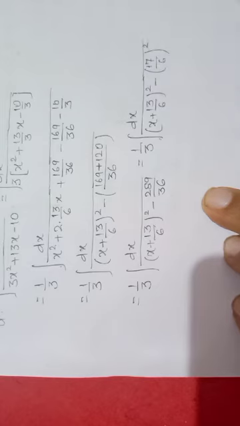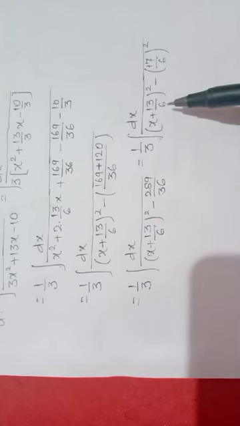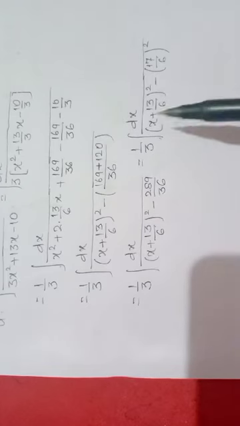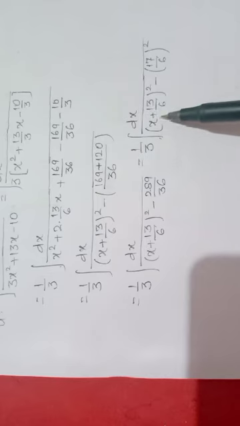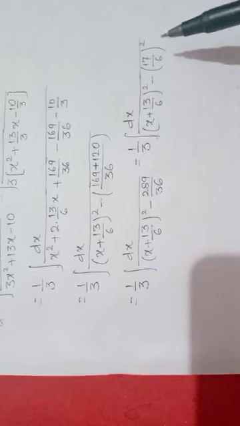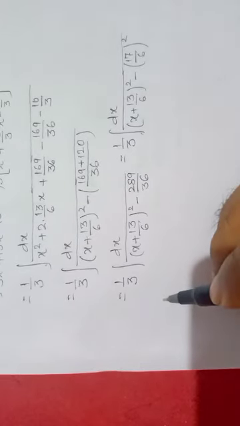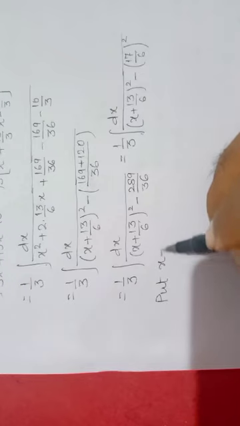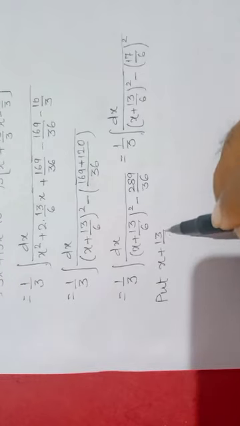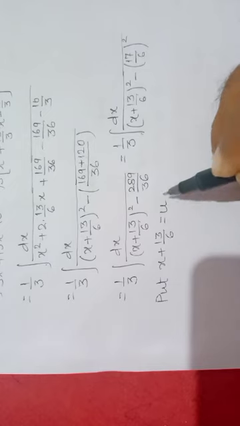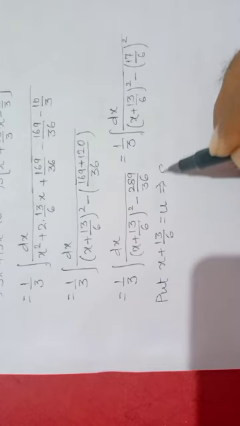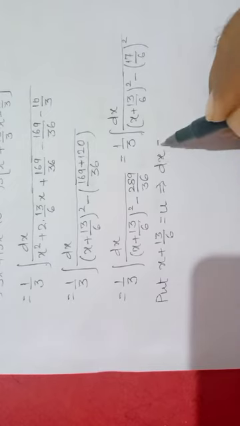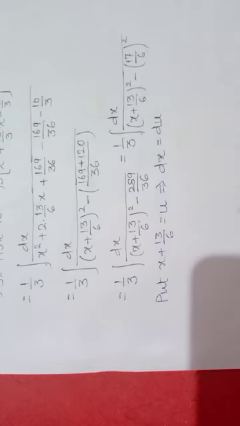See children, this is according to the identity of 1 upon x square minus a square, or to better understand, apply substitution: put x plus 13 by 6 equals u, such that on differentiation we will get dx equals du.